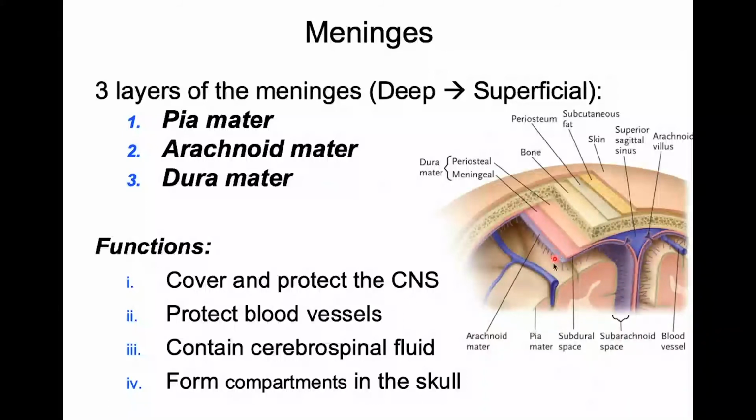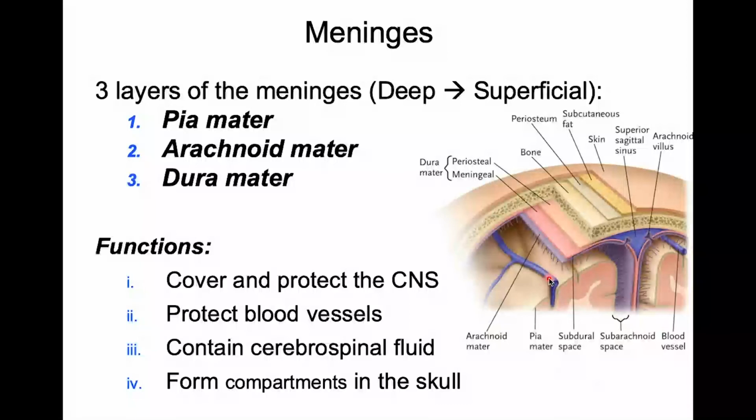And then between arachnoid and pia mater, this space is the subarachnoid space. And that subarachnoid space is essential for cerebrospinal fluid to circulate around the entire central nervous system, both the brain and the spinal cord.